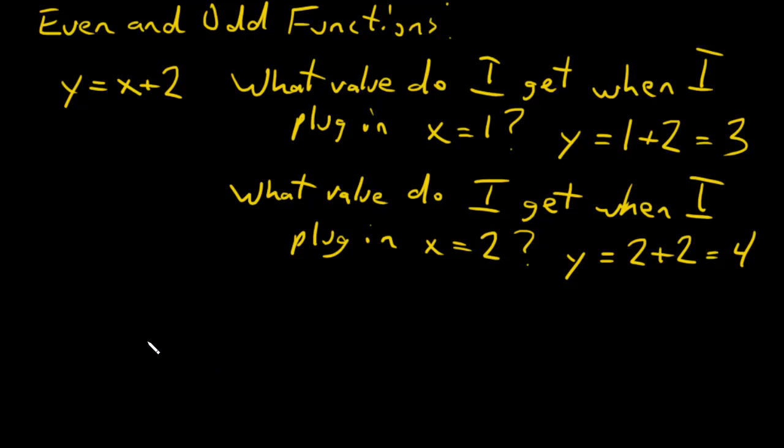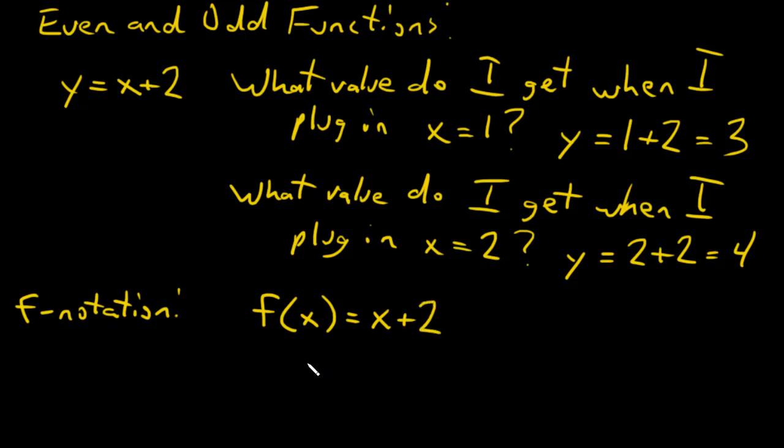mathematicians came up with a shorthand notation, which is the F notation. So F notation to the rescue, because now I can say f of x is equal to x plus 2, and then all I have to do is put the following. I can say f of 1 equals, and this automatically is saying in this expression over here, if I put a 1 in for the x, I then substitute that 1 in for the x in an actual expression.